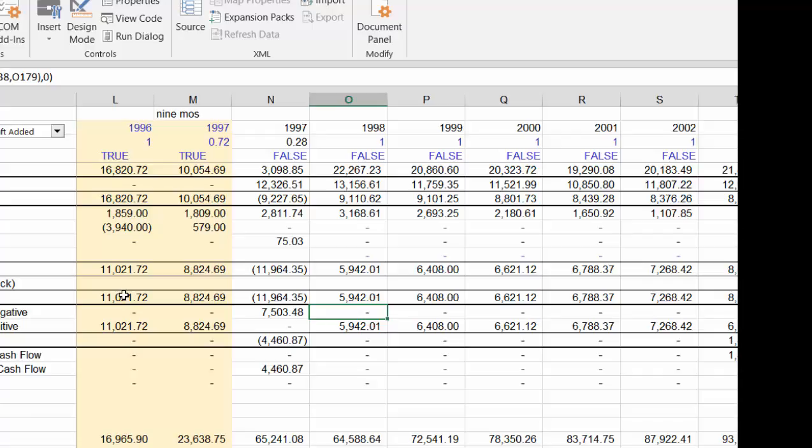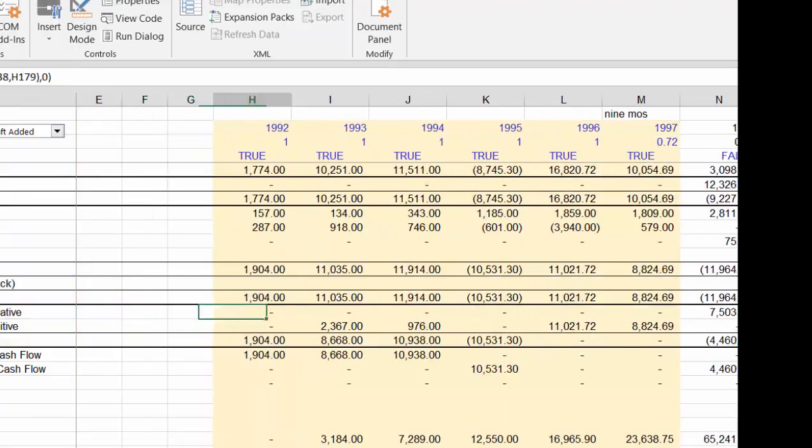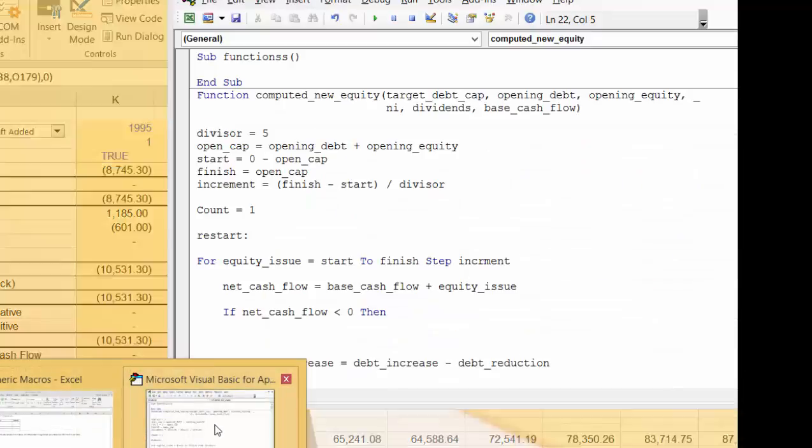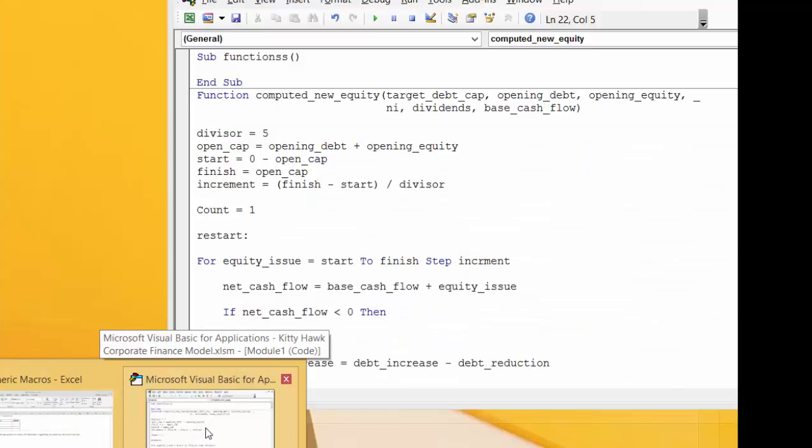we need to, and it says, look, I couldn't spell cash reduction. Okay, debt reduction. So what we do is, if this cash is negative, we take it out of our balance.